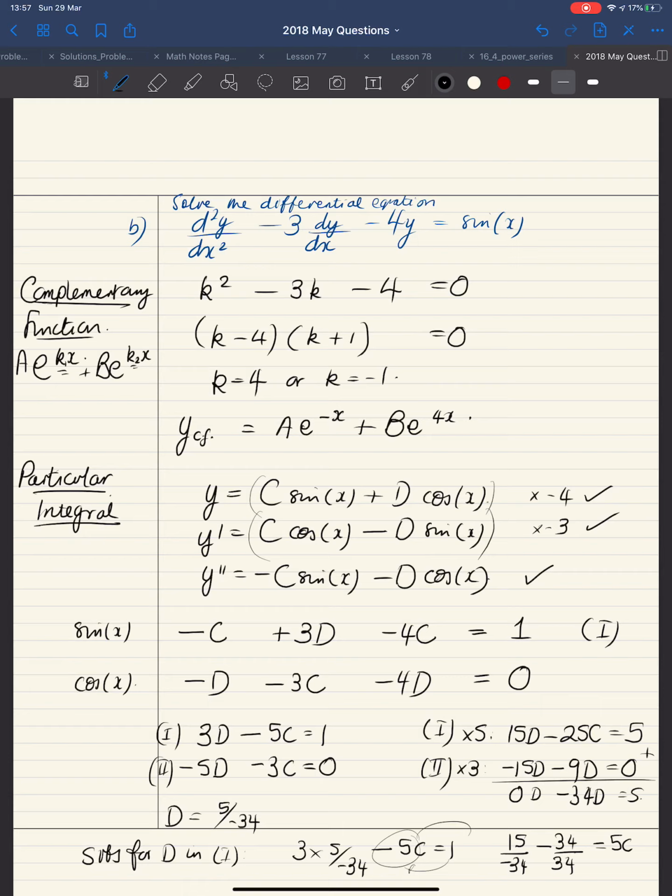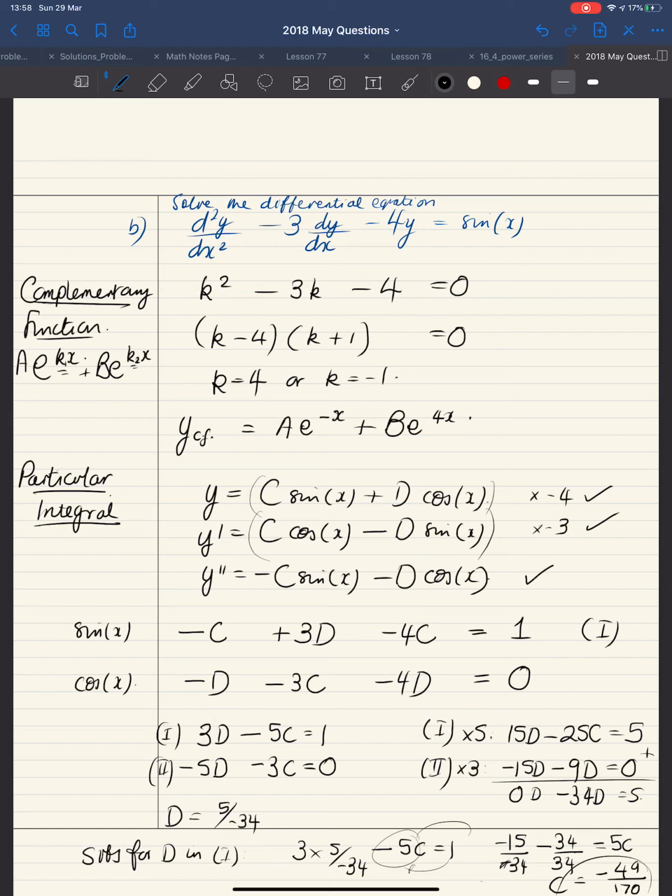Unusual numbers. I do seem to remember this coming up in the exam. Minus 15 minus 34 is minus 49. Because what I've done there is I've put that minus up there. And then divide by 5. But it's already divided by 34. 34 times 5, 170.